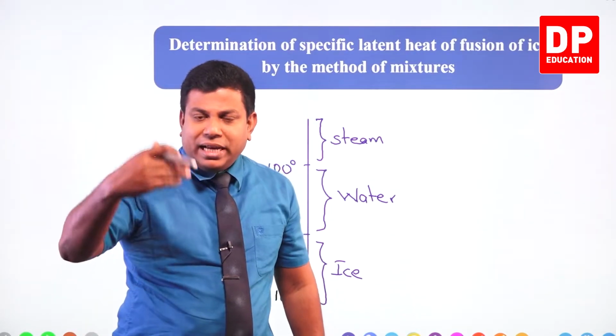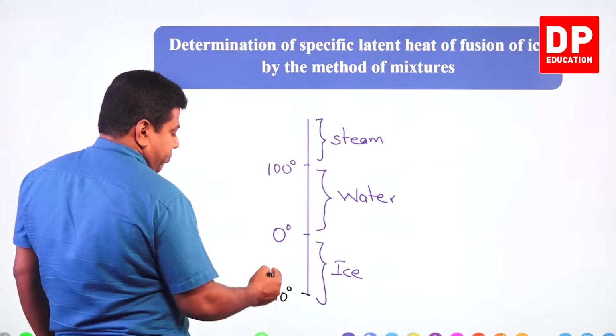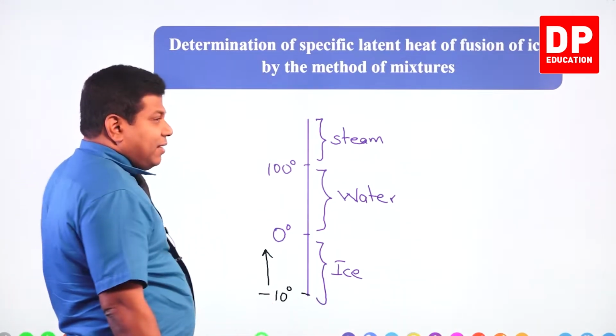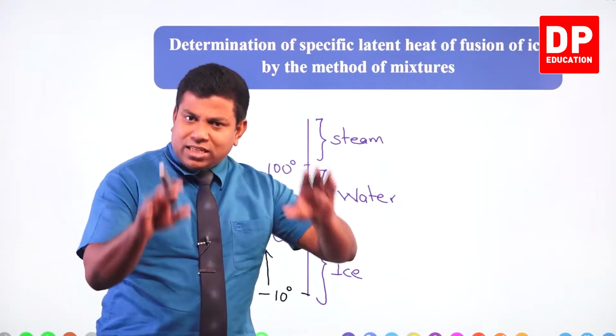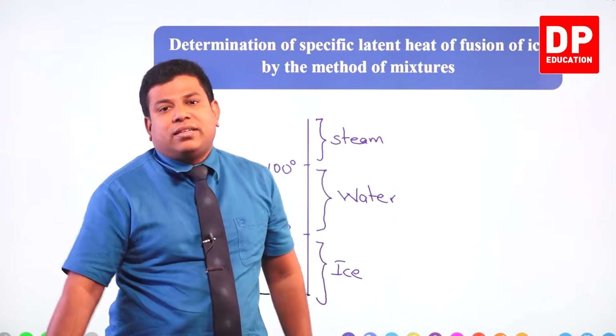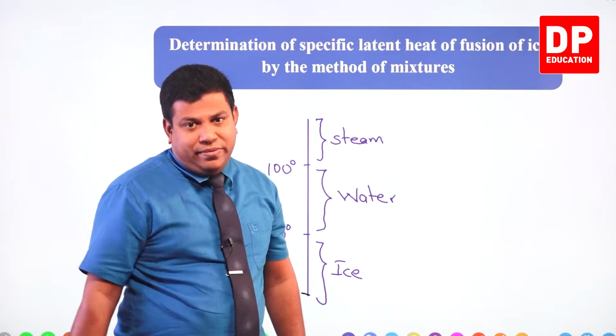Minus 10 will become minus 9, minus 8, minus 7, likewise it will go up. But it will remain as ice itself. Ice cube remains ice cube. Solid state remains solid state. No change in that. Until when? Until it reaches 0 degree.